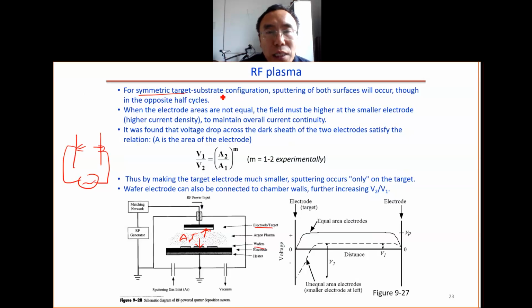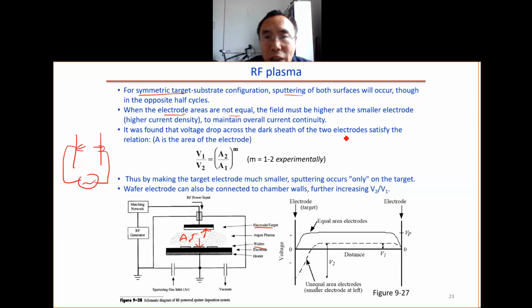For the symmetrical target substrate configuration, sputtering of both surfaces will occur, though they are in the opposite half cycle. When the electrodes are not equal and not symmetrical, when the electrode areas are not equal, the field must be higher at the smaller electrode, because it has higher current density to maintain overall current continuity.